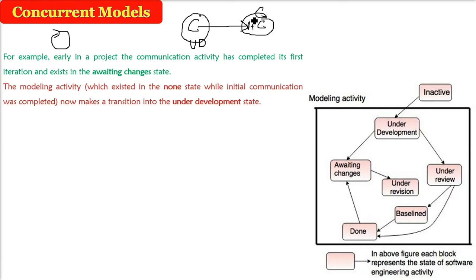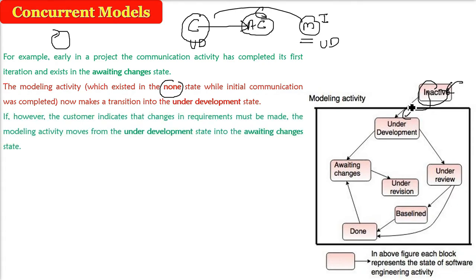Now, the modeling activity. When communication was happening, modeling was in none state, or you can say inactive state. Now this modeling activity will be transitioned to the under development state.